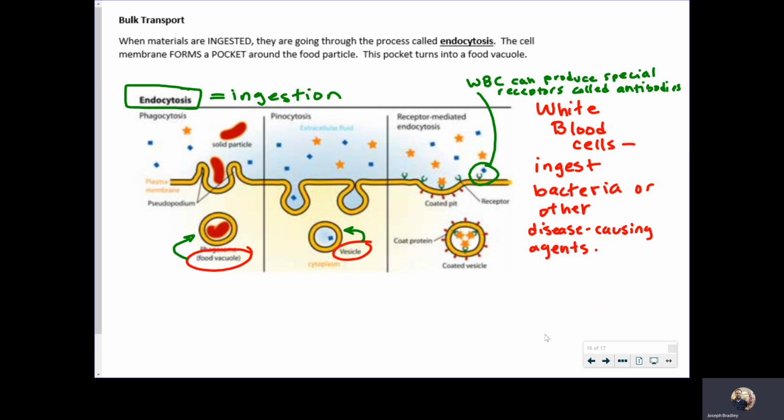This is what you want your body to do with COVID. If it recognizes COVID, because it has the antibodies for it, it's able to ingest those COVID viruses and prevent them from infecting you. That's basically what a vaccine is doing: giving you these little materials that will cause you to form antibodies.